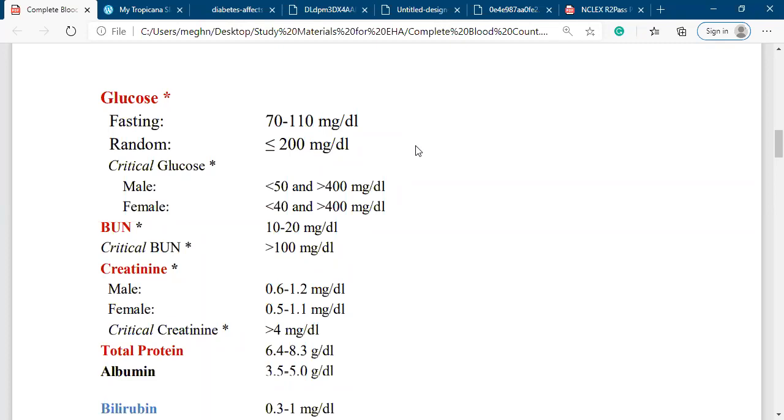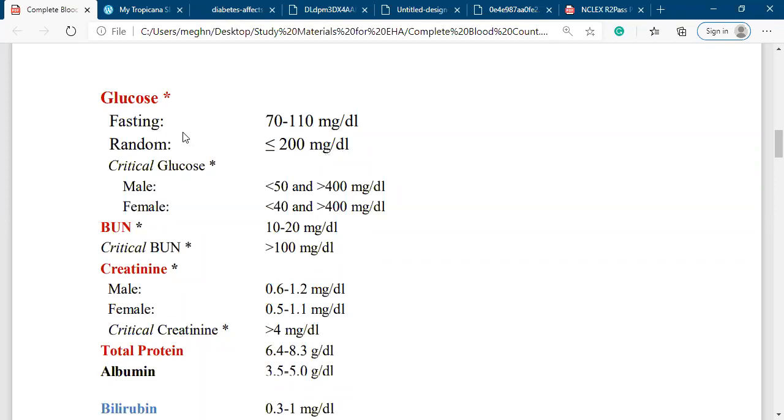So blood sugar normally fasting is 70 to 110 milligram per dL. That is the fasting condition, but for random, the target should be less than 200 milligram per dL.